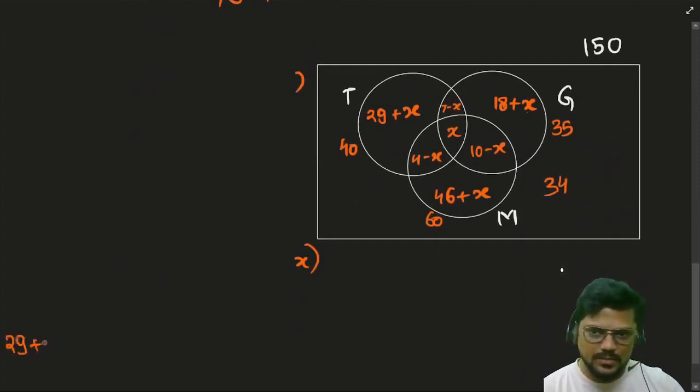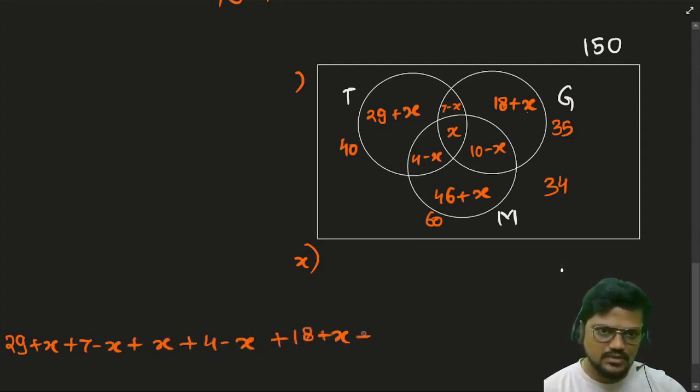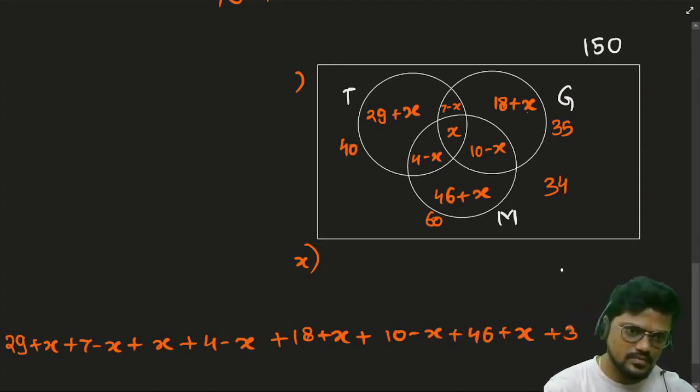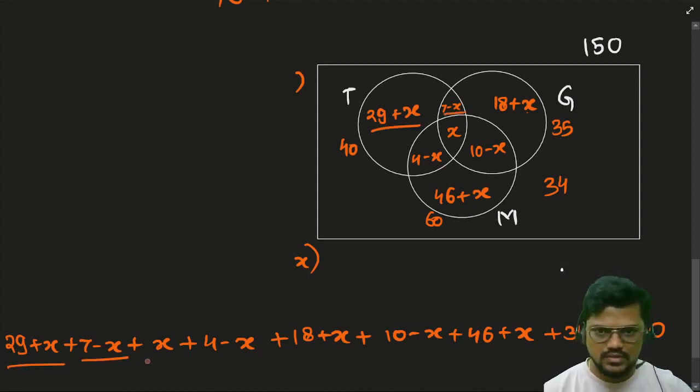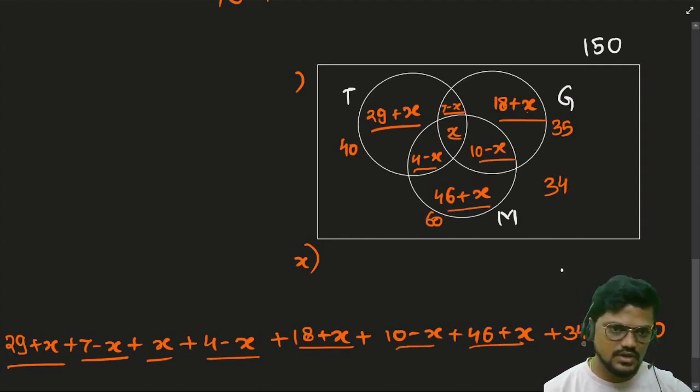So, adding all of them plus 34 should be giving you 150. That is 29 plus x, 7 minus x, 4 minus x, 18 plus x, 10 minus x, 46 plus x, and then 34 gives you 150.